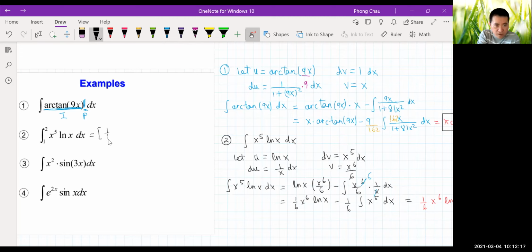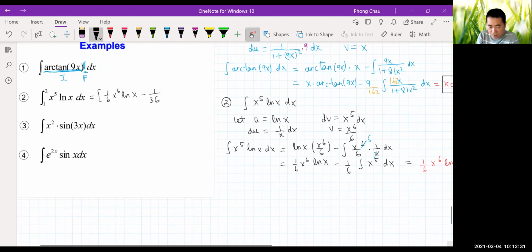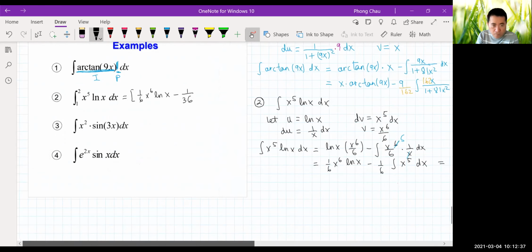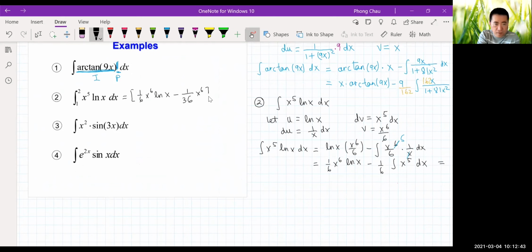We have 1/6 x to the 6 natural log of x minus 1 over 36 x to the 6, and you plug in 1 and 2. If you do that, I think the number is big. I'm not going to finish that, but you got an idea.